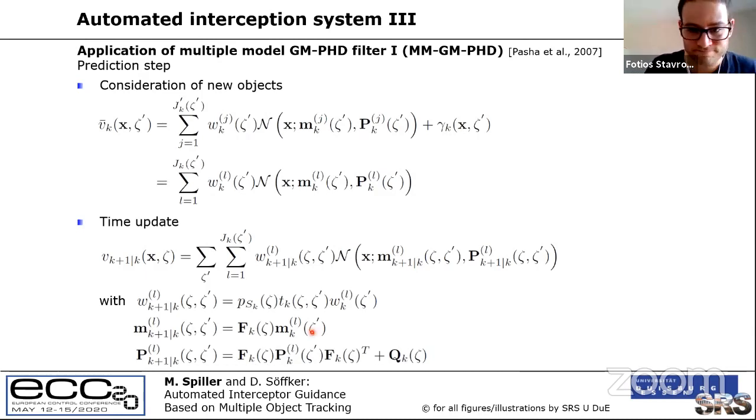So the mode C' can jump to the mode C. This is also expressed in the equation by the first sum. In addition, the survival of the objects is considered based on the survival probability. So the weight of an object might decrease if it is not present in the surveillance region anymore.